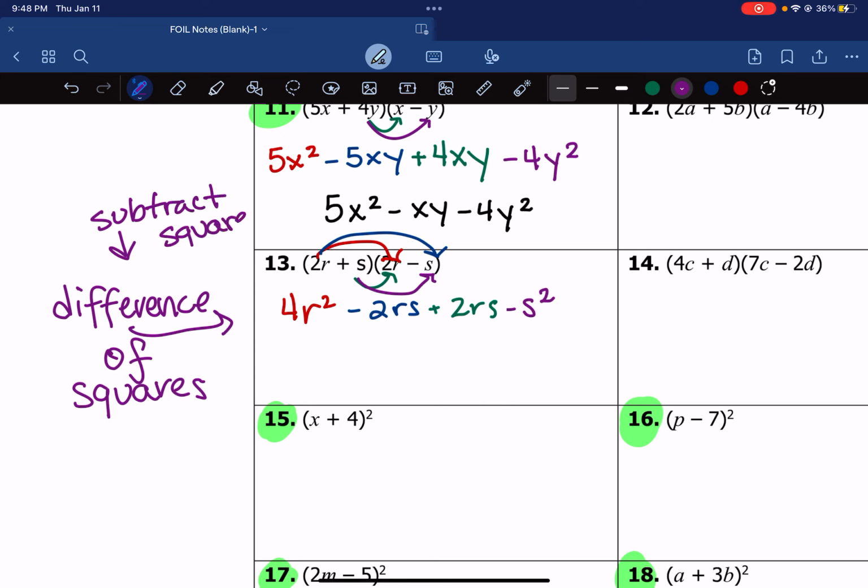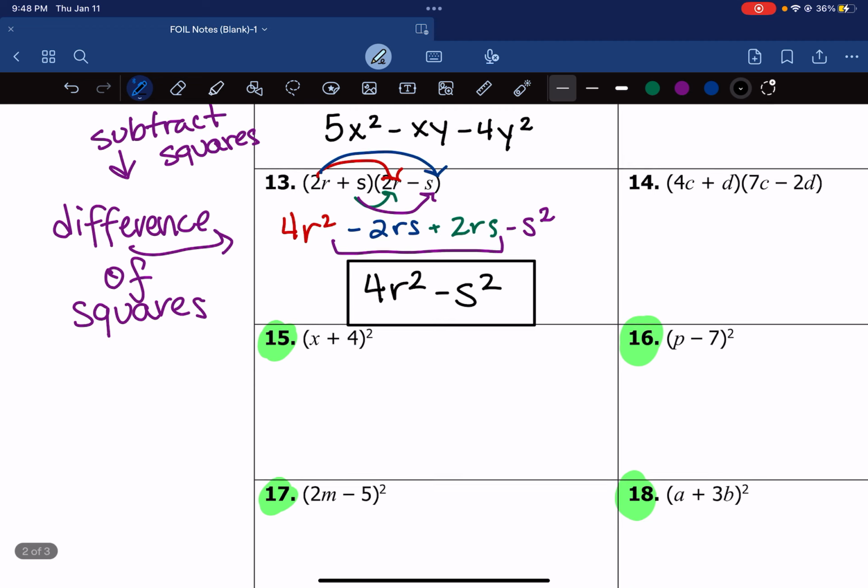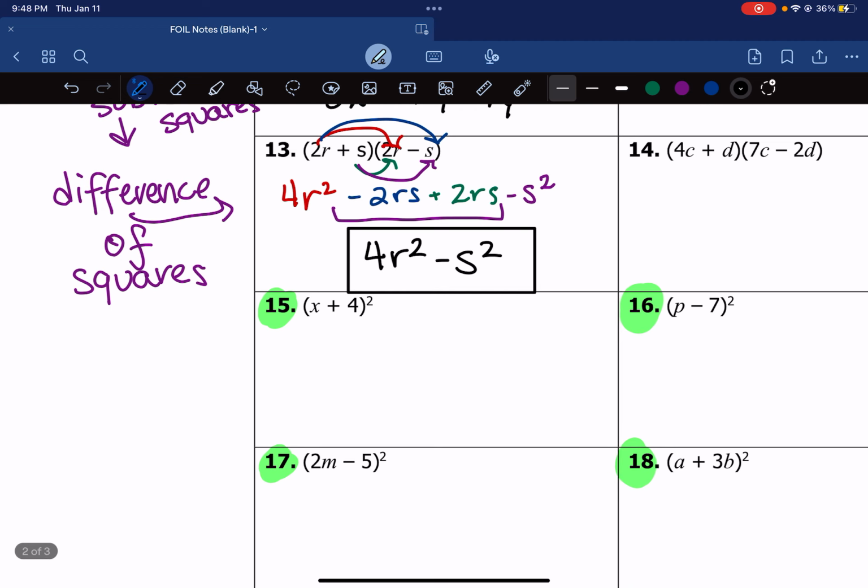And now, some of you may have already noticed what's going to happen, but this middle part is actually going to cancel out. Negative 2rs plus 2rs becomes 0. So now I have 4r squared minus s squared, hence the name difference of squares, right? I'm doing an r squared minus an s squared. Anyways, that was my only little fun point.